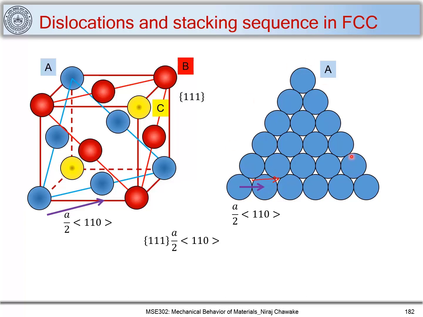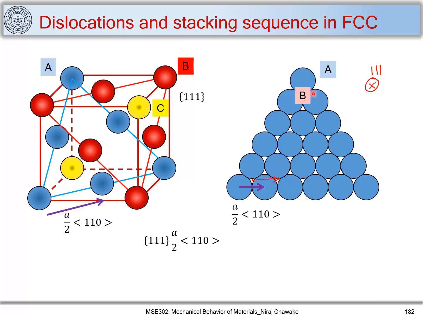Now we are looking at these three 1, 1, 1 planes from the body diagonal. So this direction is the 1, 1, 1 direction, which is perpendicular to the screen, and thus these planes are 1, 1, 1 planes.